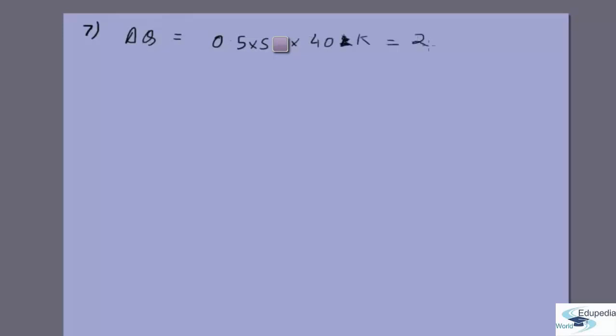So this is 20S. 20S is delta Q. What is the power dissipated? We can take that as V square by R, where R is the resistance of the wire and V is the potential difference across the two ends. So that can be written as V square by R, we know R is rho L by A, so rho L by pi d squared, which is the area. This is the power, this is the heat required.